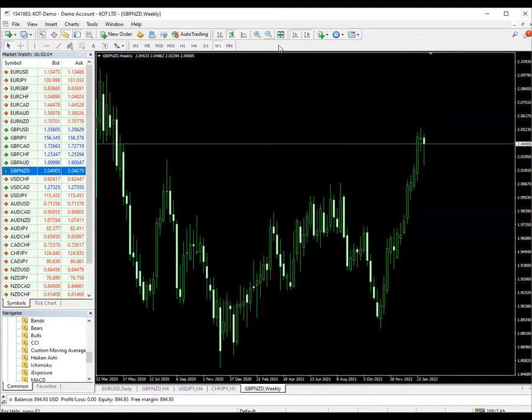GBPNZD, the general picture you can see here is that GBPNZD is on the up move. It's on the buy, because it broke through the last resistance here and also broke through this resistance level over here. So because it broke through these two resistance levels, it's on its way up. That is the direction of the market right now.